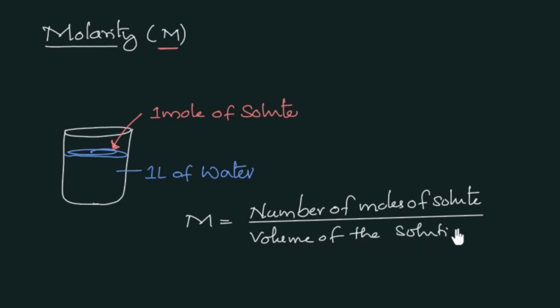So here the 1 liter and 1 mole together form a certain amount of solution, and the concentration of this solution we can express as molarity: the number of moles of solute divided by the volume of the solution in liters.